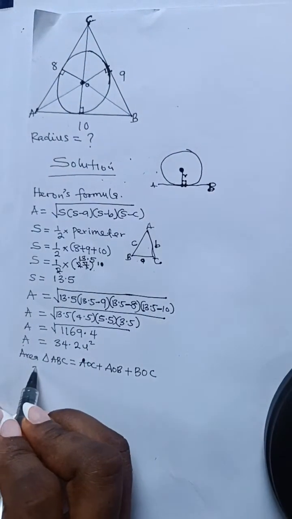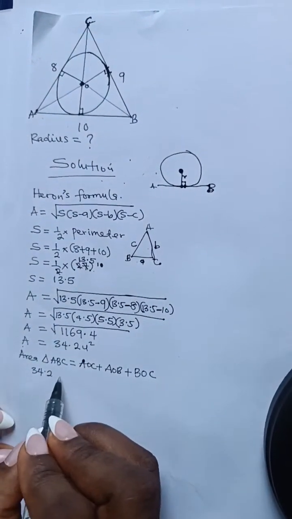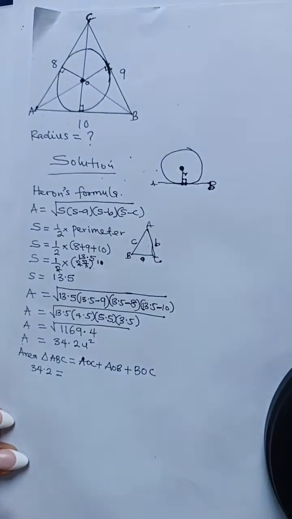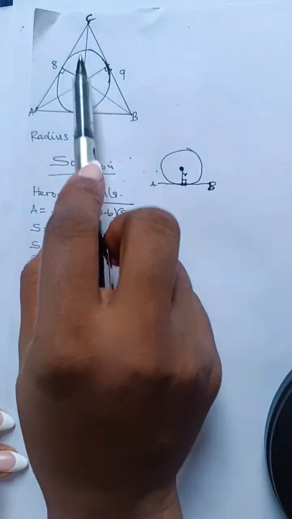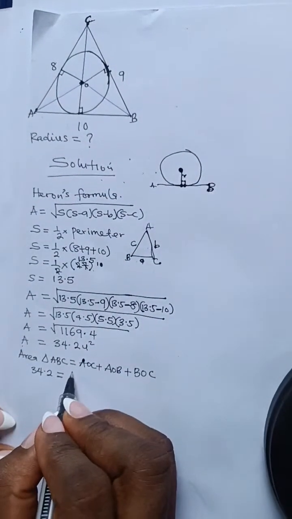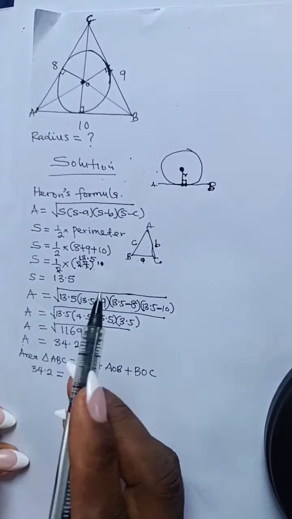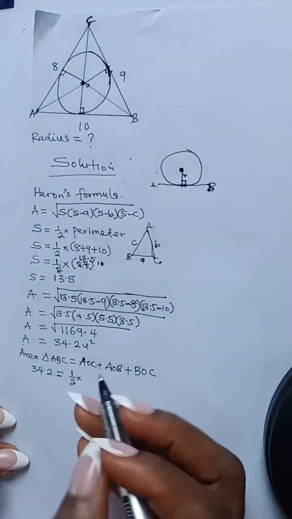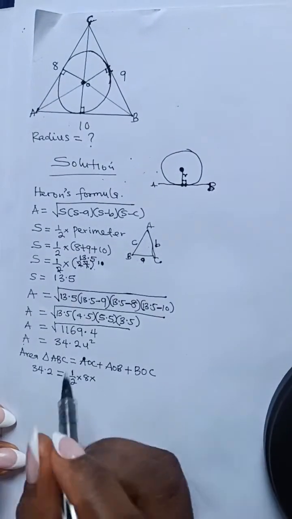So we have 34.2 is equal to, now triangle AOC. Look at AOC, it is going to be half times the base of this triangle AOC, which is definitely 8, right? So write 8 times the height.